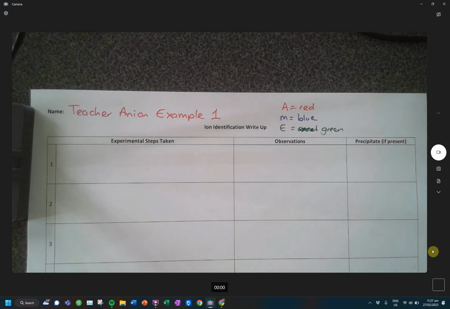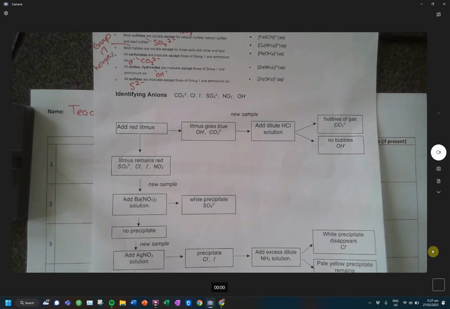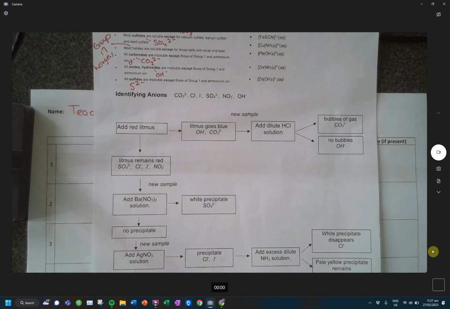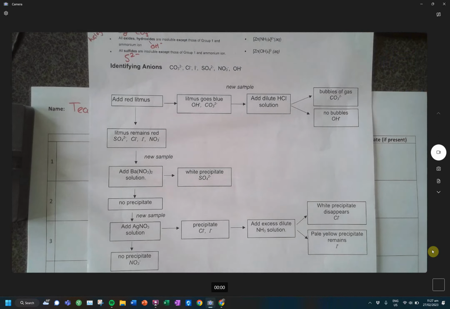All right, so first things first, for my anion identification, I need to make sure I have a box of all the things I will need. I will give you guys these boxes so you don't have to stress about finding things, but we need to make the boxes first. So I'm going to grab some ice cream containers.